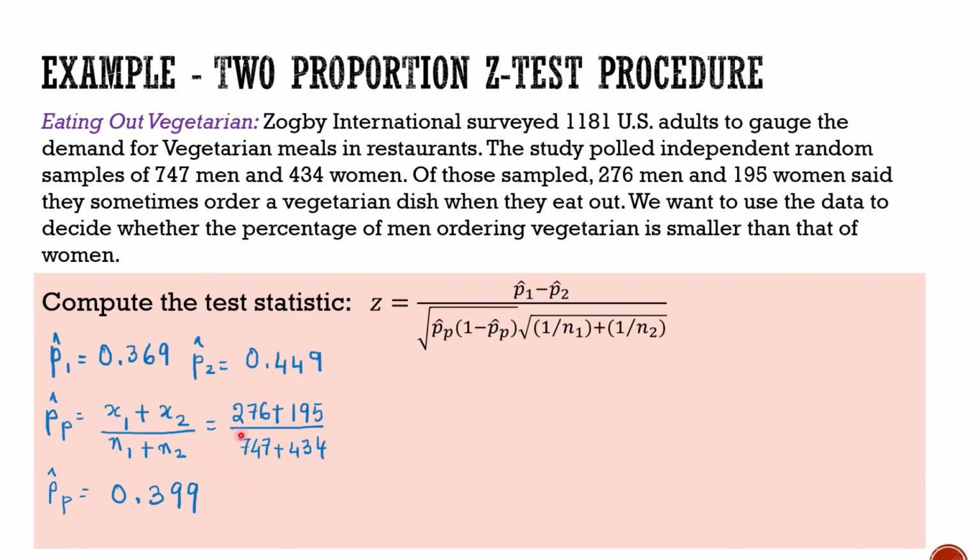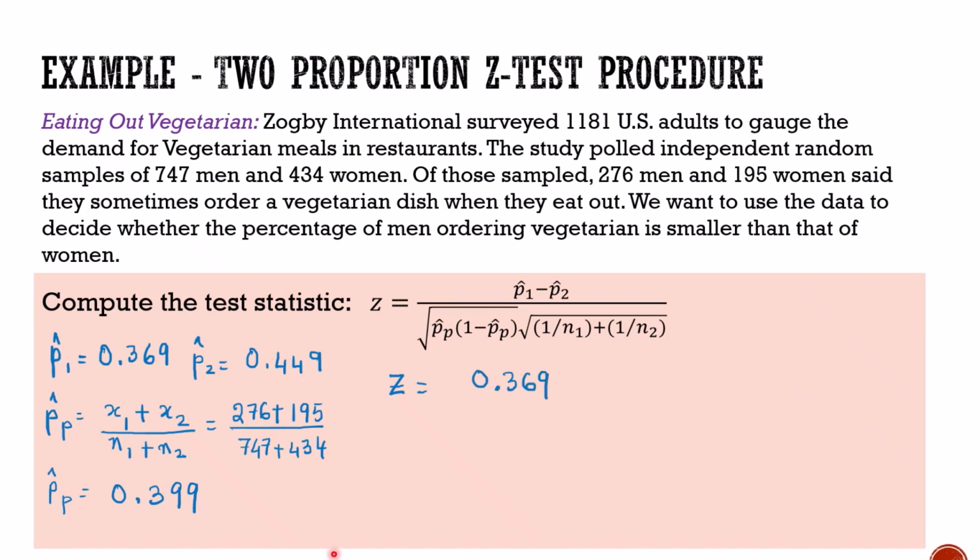And I've done the calculation here, and I came up with this proportion 0.399 as the pooled proportion, which we are going to have to use in the denominator of the equation. So just make sure you are plugging in the values correctly in the formula, and also that you are applying the formula correctly.